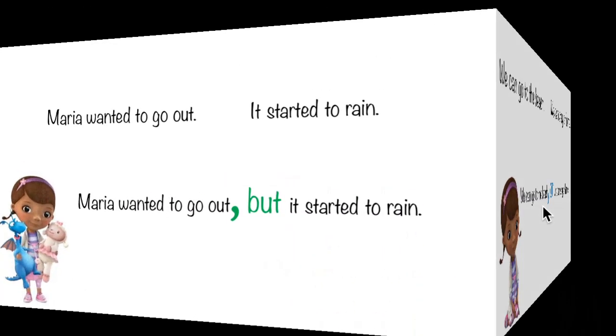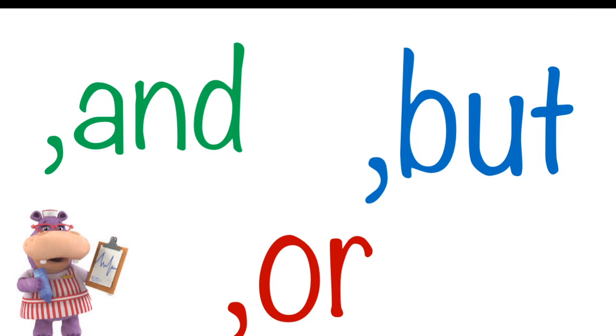I will return to this page because I just want to mention one thing that is not important for your grade 2, but important to know. When you're using the conjunction word and, you're adding information, like we went to the beach and we had a good time.